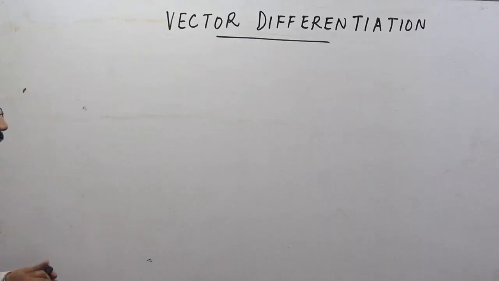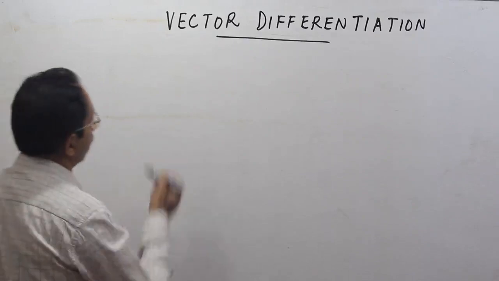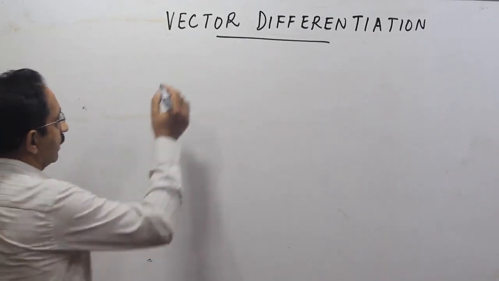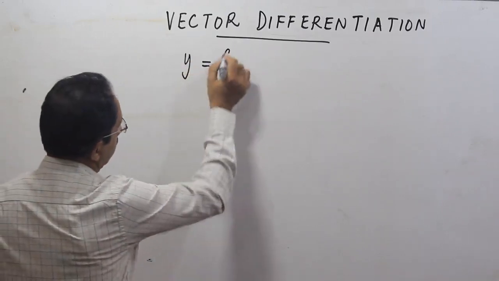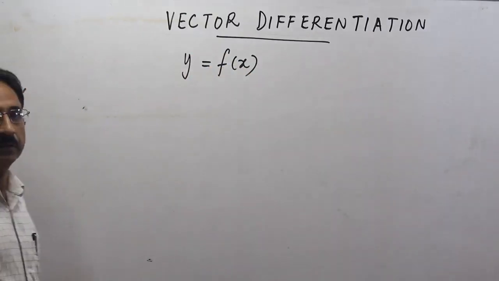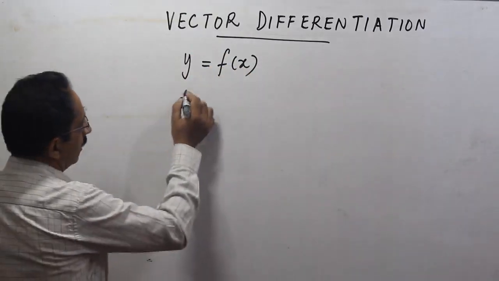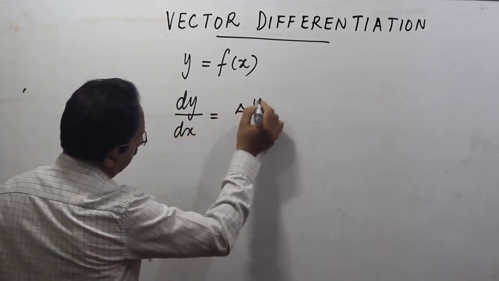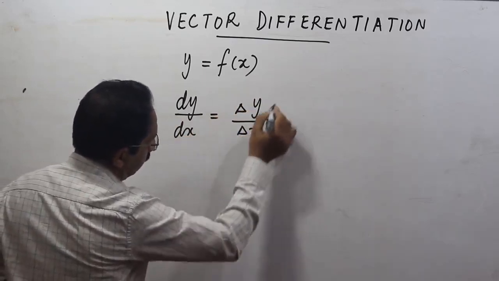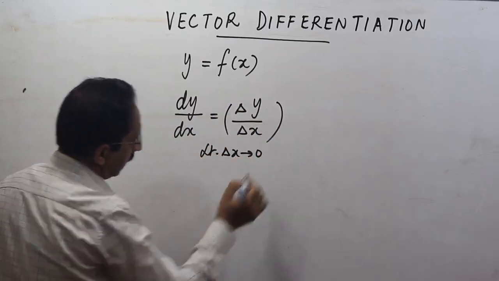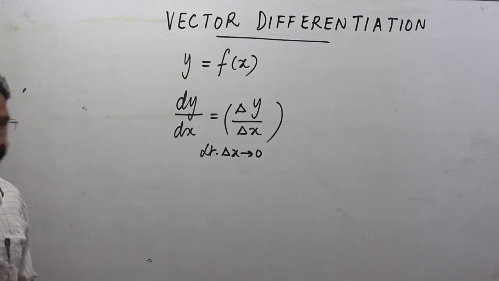In the calculus of scalar functions, ordinary functions, when we assume that y is a function of x, we are aware that the derivative of y with respect to x is given by the rate of change of y with respect to x, such that the change in x is very, very small.